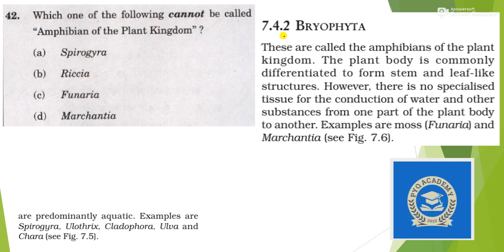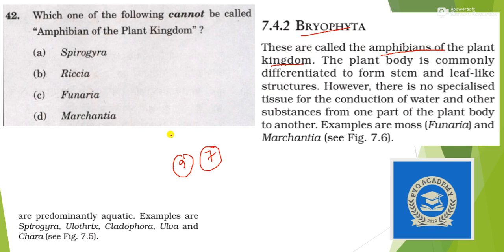You will find this in class 9's chapter 7, where there is a topic in which you can see the bryophytes. In the plant kingdom, the bryophytes are known as the amphibians of the plant kingdom. So now we have to find which of the 4, which 3, are part of the bryophytes.